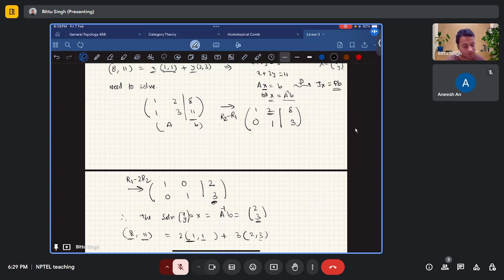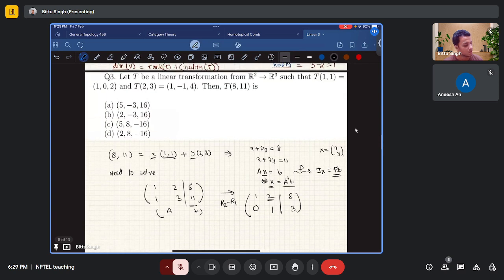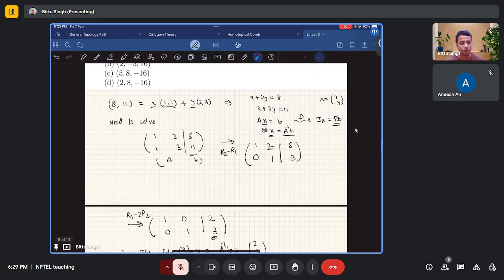If you can guess this combination, then it is okay, but if you cannot guess, then we need to solve in this way. So you want to express this 8 comma 11 as a linear combination of this 1 comma 1 and 2 comma 3. Those are justification, but it can be avoided.